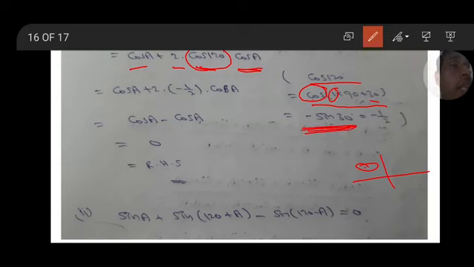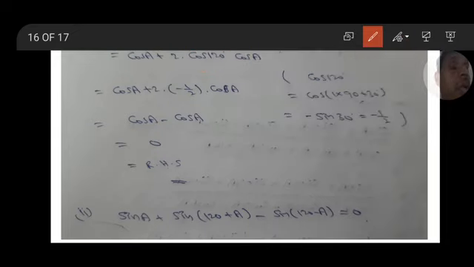Sin 30 value is 1 by 2, that is minus 1 by 2.